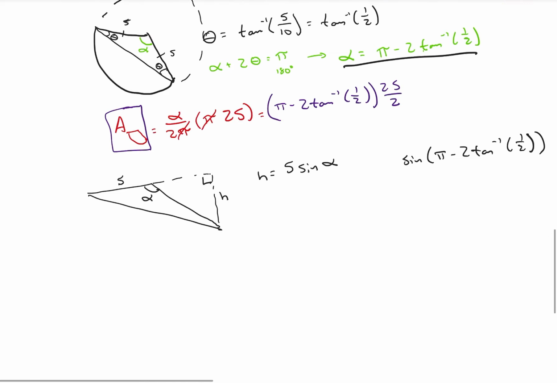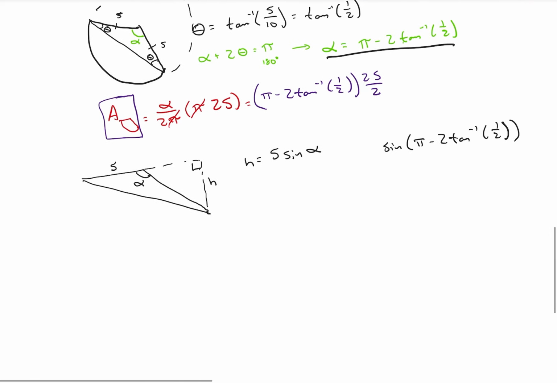Okay, so let's do some geometry real quick and kind of figure out what this looks like. So first off, if I have my angle theta, my angle 2 theta is still going to be less than 90 degrees.